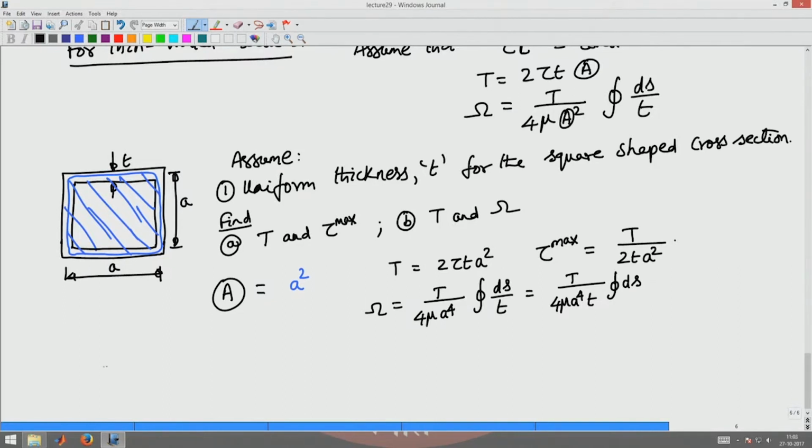ds is nothing but the circumference of the cross section.